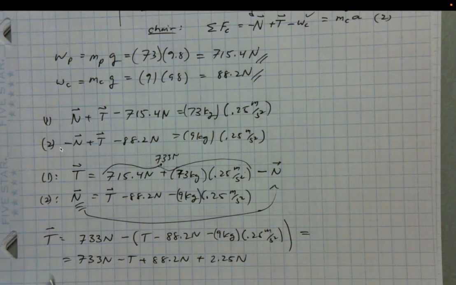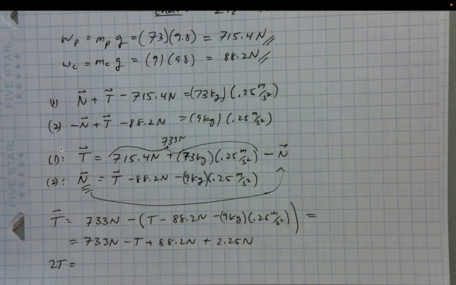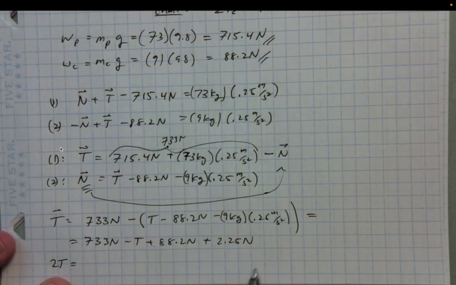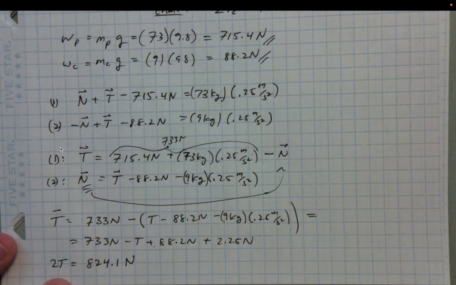All right, so I've got T over here and minus T over there. That means I've really got 2T, don't I? Right, and so then I take 733 plus 88.2 plus 2 1/4, and I get a total of 824 newtons.